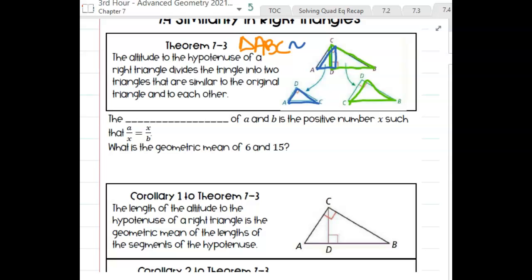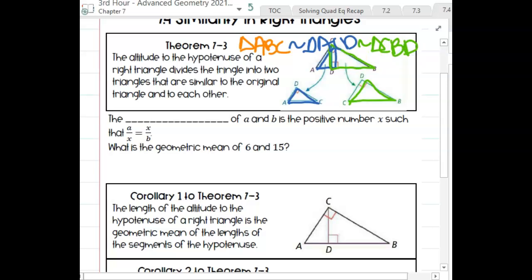So angle A for this one is going to be triangle ACD, if you go in that same order, which is also going to be similar to triangle CBD. Those three triangles are similar. So what we're going to do today is practice taking that big triangle, splitting it off into those two triangles, and then writing this similarity statement.